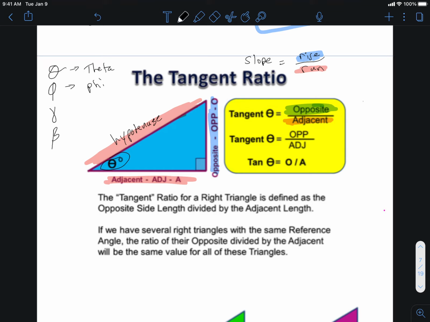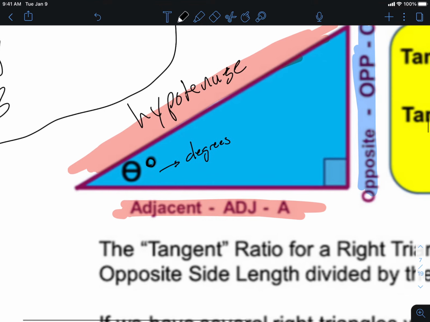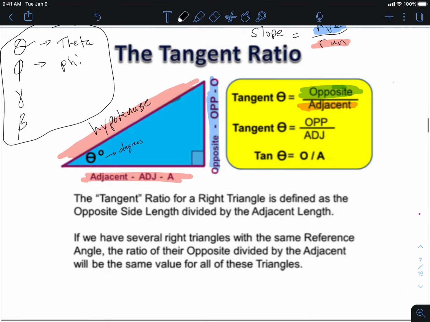What do they stand for? They stand for an angle. Your first clue should be, if I zoom in here, it's theta, and then this little symbol here means degrees. So it's just another math symbol, but they're predominantly used for angles.